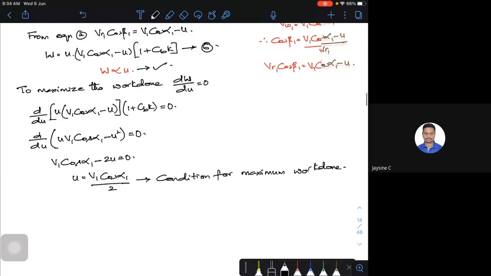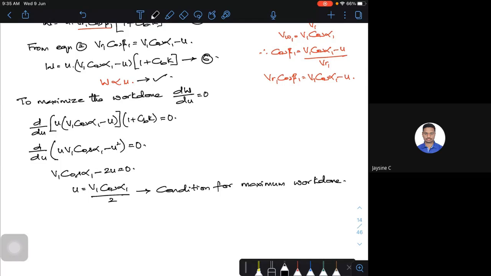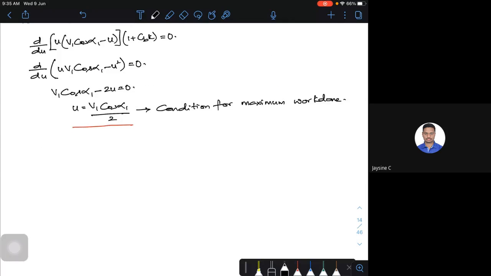So what I need to do is substitute the value of u in equation 6, and what I get is the maximum work done.